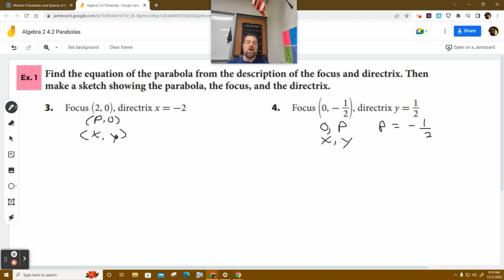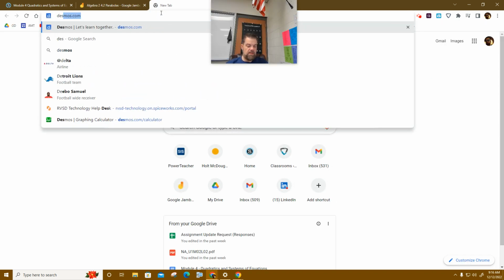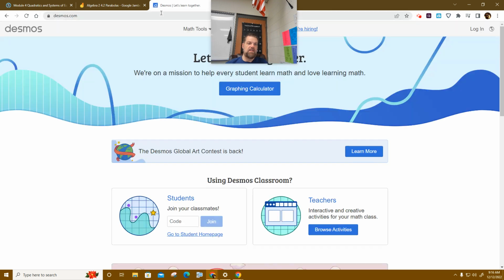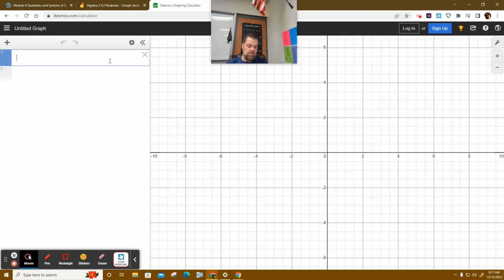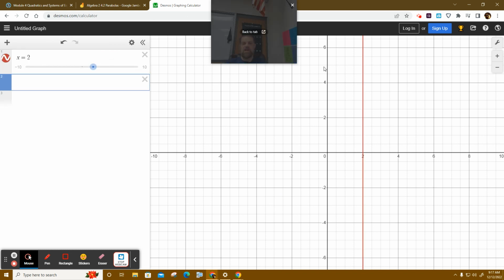Now, they give us a clue when they give us the directrix. The directrix is going to have x equals -2. So I'm going to open up Desmos real quick, and we're going to graph that. Okay, so this is the directrix.